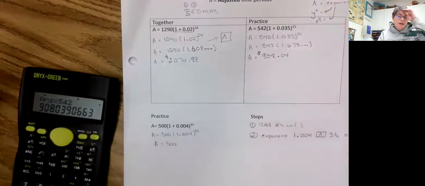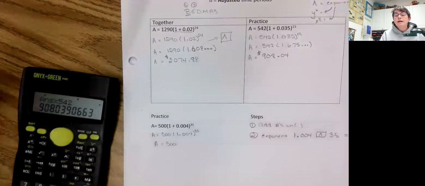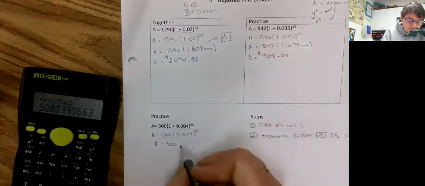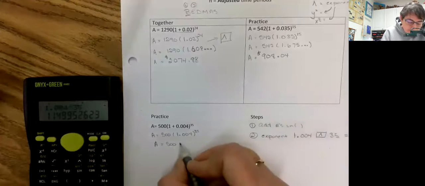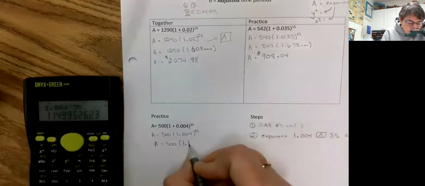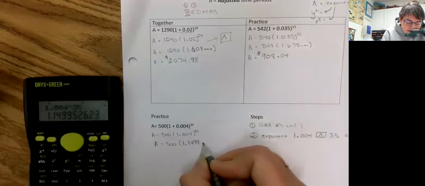So if I come back in, I don't know, midterms or something, and even if I write the word exponent or put the caret key, you're like, huh, what did I do? Now I know exactly what my key punches were. So 1.004, and then my exponent button, 35, 1.1499 dot dot dot.